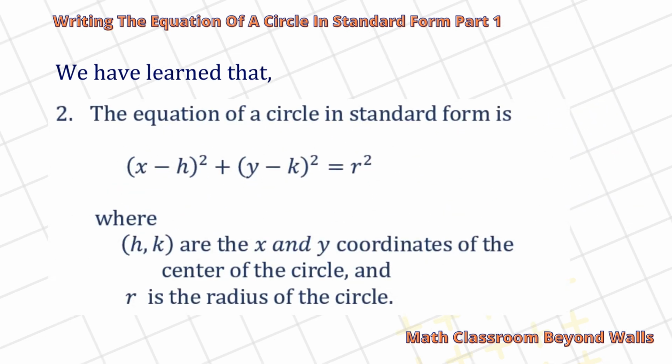Second, the equation of a circle in standard form is (x minus h) squared plus (y minus k) squared equals r squared, where h, k are the x and the y coordinate of the center of the circle, and r is the radius of the circle.